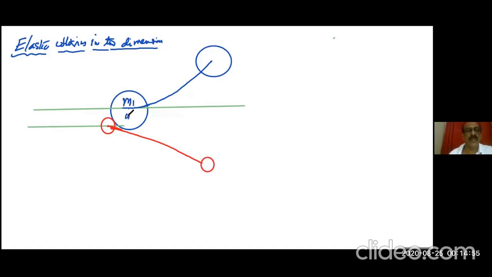M1, U1. M2, U2. This is M1, V1, goes this way. This becomes M2, V2, it comes this side.